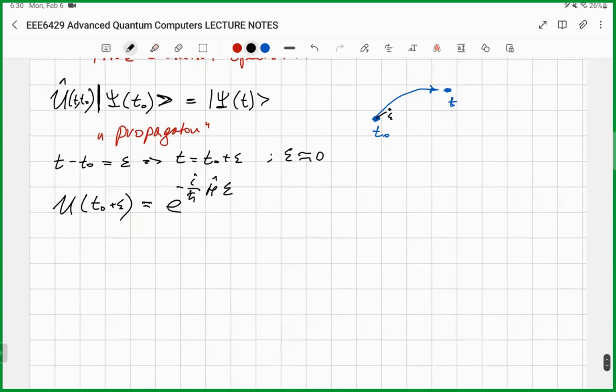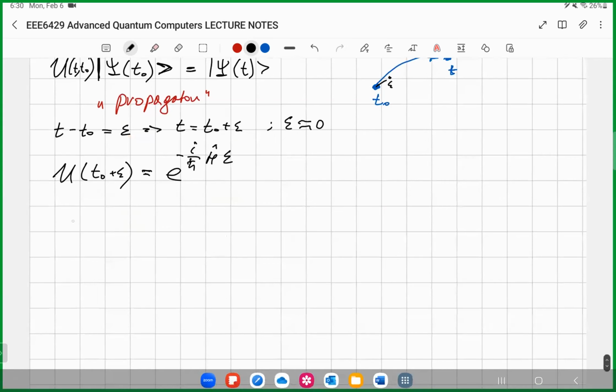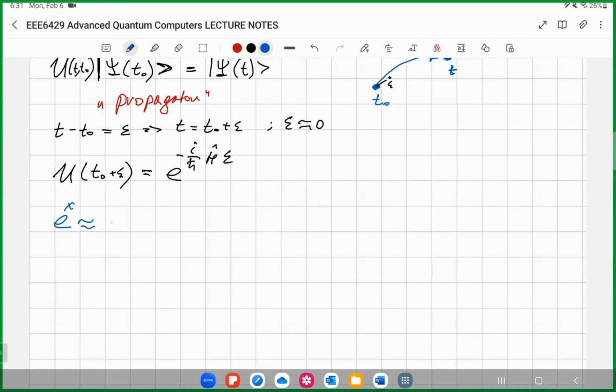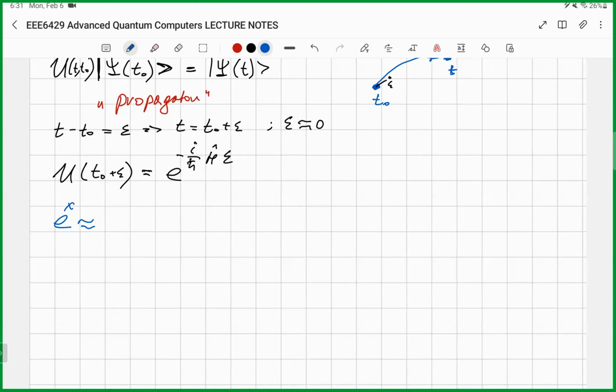And at this moment, I can use the Taylor formula, the Taylor series, right? For example, if I have the exponential function e to the x, I can use the Taylor formula for small x. It will converge very quickly. So I can take, for example, one or two terms, or three at most.